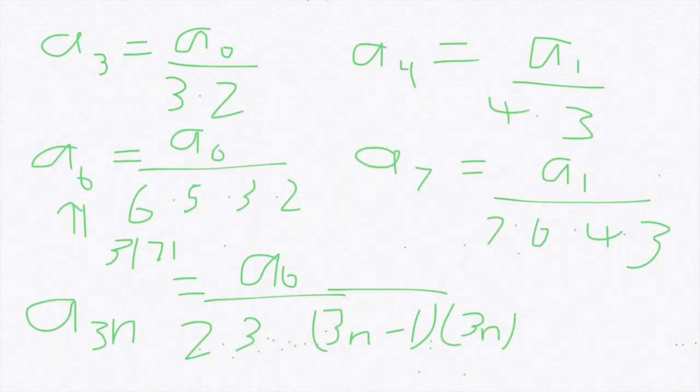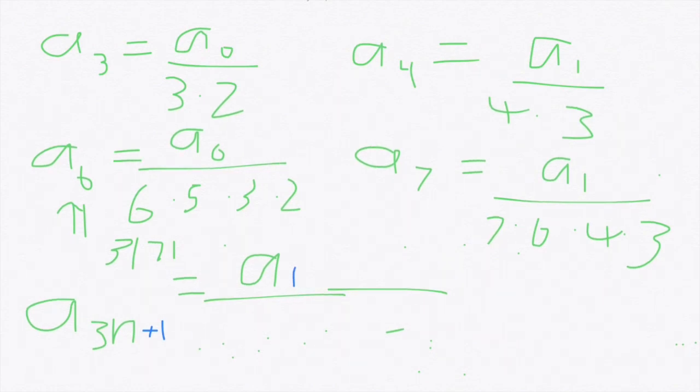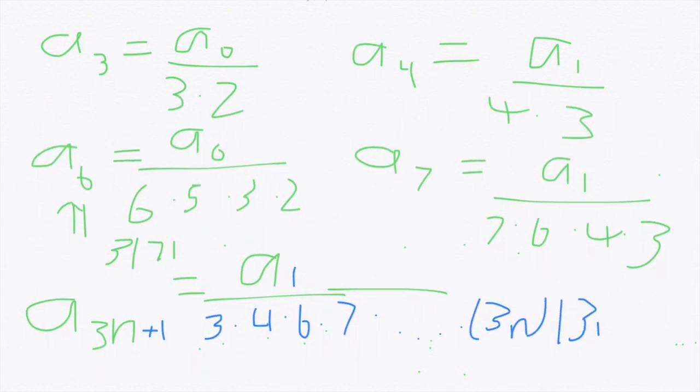And similarly, if we have a of 3n plus 1, instead we have a of 1 over 3 times 4 times 6 times 7. Remember, we plug in 2 here to get 3 of n times 3 of n plus 1. So these are our two recurrence relations. And using that, we can solve our differential equation.